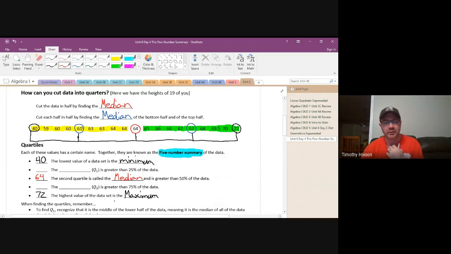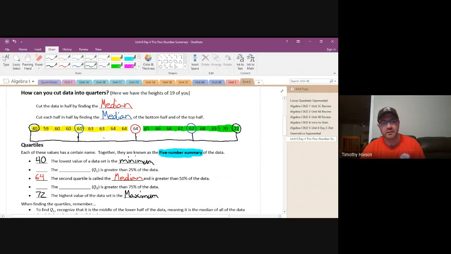And the cool thing about that is we know that it is going to be greater than 50% of the data. Whatever that value is, it's greater than 50% of the data. And that's something that's significant to recognize here.